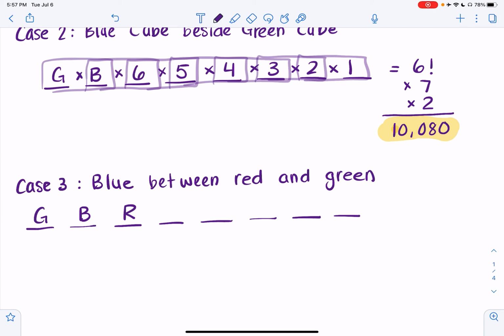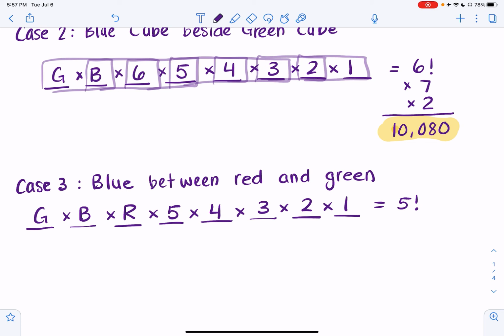And now here, because I've accounted for 3 cubes, for the 4th spot, I only have 5 other cubes to choose from, then 4 cubes, 3 cubes, 2 cubes, and 1 cube. Again, because I require a first cube and a second and a third and a fourth, etc., I multiply, and that will give me 5 factorial.